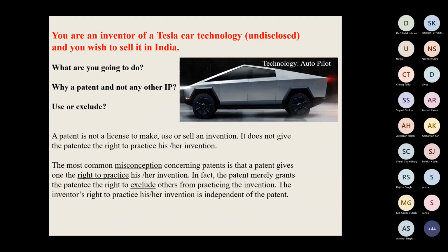But if I want to stop others from using my invention, then I need to go for patent protection. The most common misconception concerning patents is that a patent gives one the right to practice his or her invention. In fact, the patent merely grants the patentee the right to exclude others from practicing the invention. The inventor's right to practice his or her invention is independent of the patent. So I hope this is clear now.